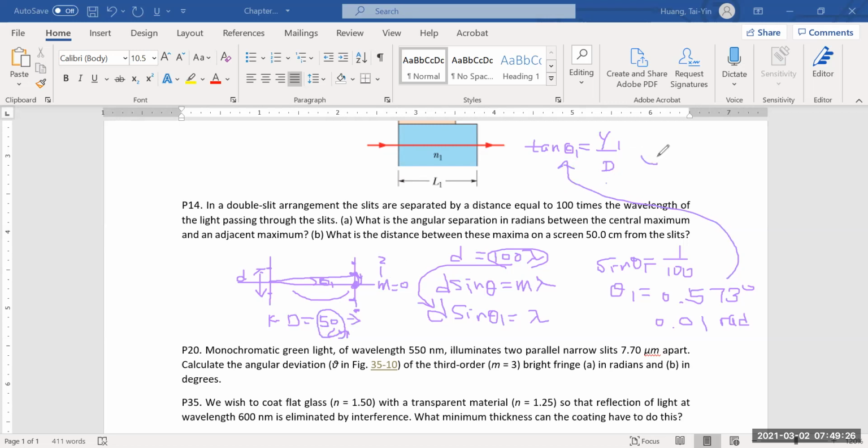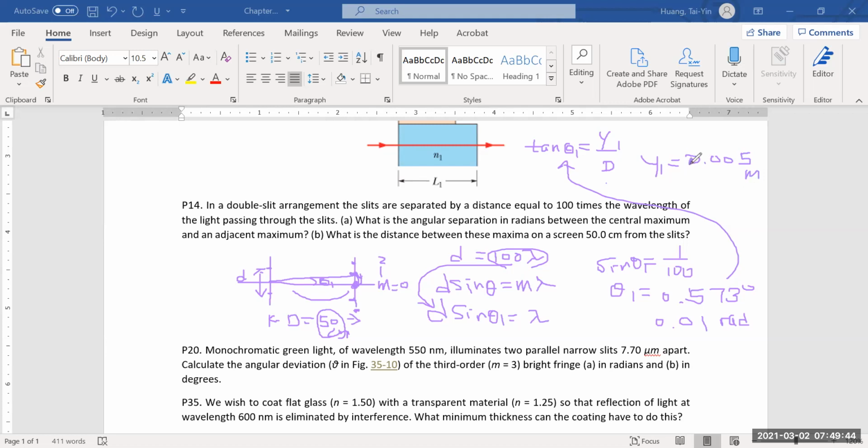You can quickly calculate your y1, and you should get a numerical value of about 0.005 meters, which is 0.05 centimeters.